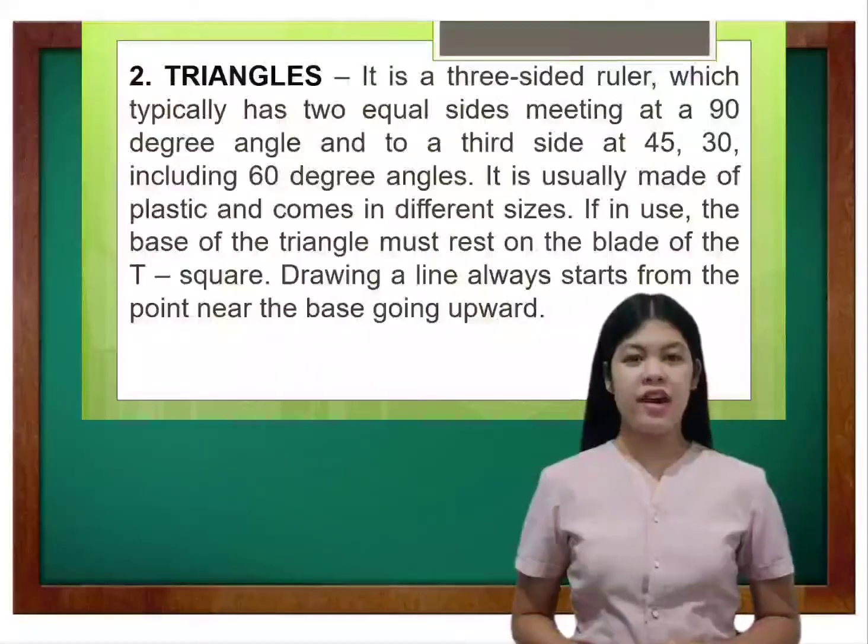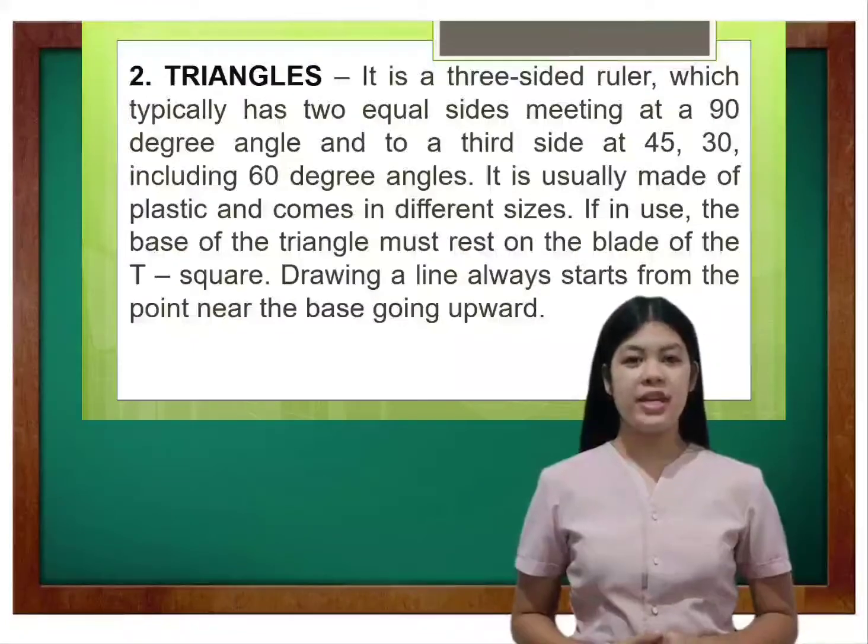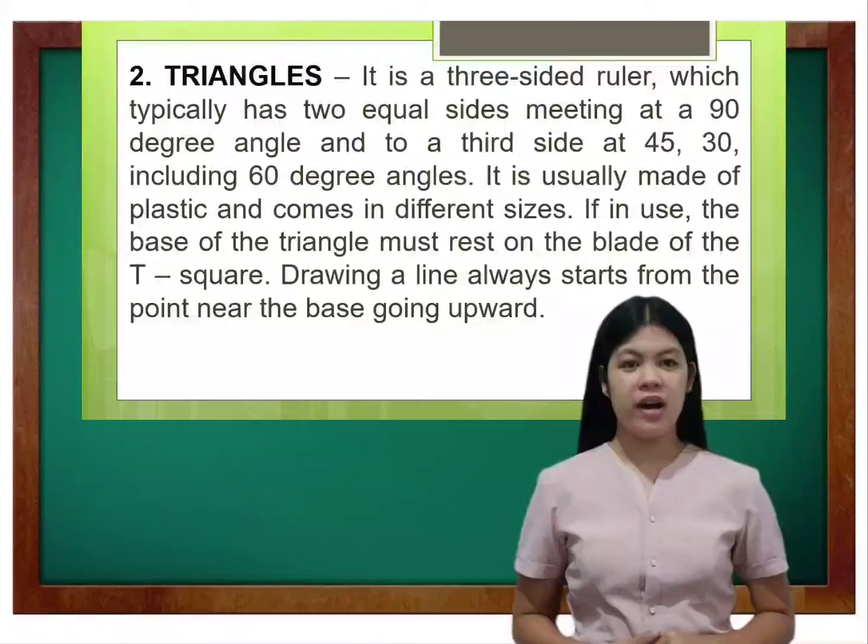Next, we have triangles. It is a three-sided ruler which typically has two equal sides meeting at a 90-degree angle and a third side at 45, 30, and 60-degree angles. It is usually made of plastic and comes in different sizes.